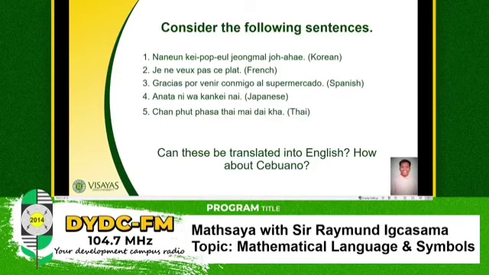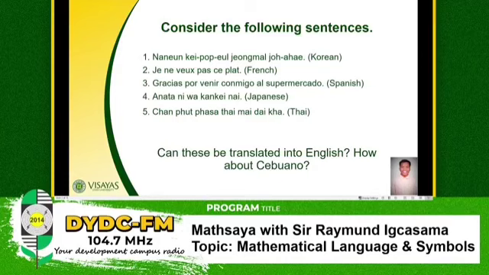If you can see, we have shown 5 examples, and perhaps some of you already know how to speak these languages, right? So, the question is, can this be translated into English, and how about Cebuano? Yes, these languages can be translated into English and at the same time into Cebuano.